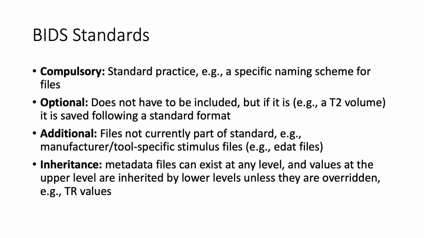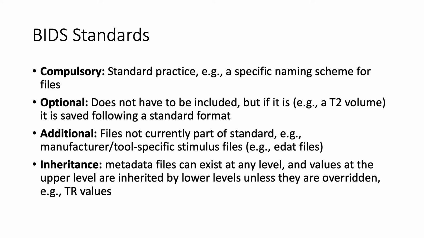Additional files, these are files that are not currently part of the standard. For example, if you're using E-Prime to do your stimulus presentation, it spits out EDAT files. They haven't accounted for it per se, but how might we organize those to make it easier to share that information?